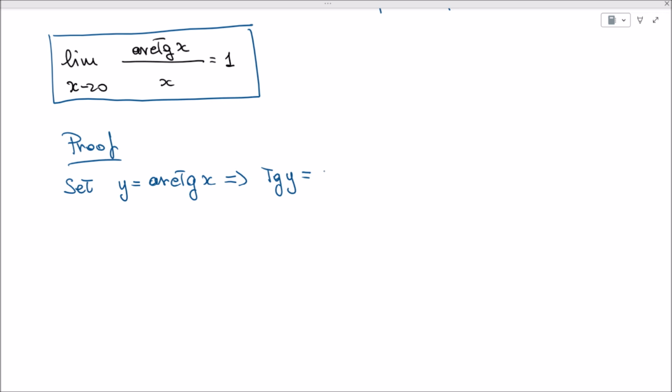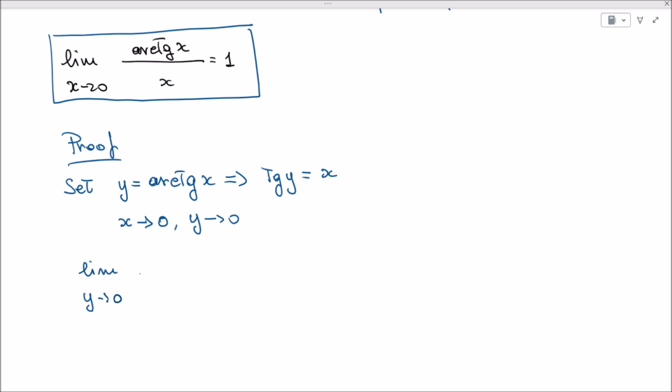Okay, so we have this new equation that x can be replaced with the tangent of y. Not only this, we also know that if x goes to 0, then also the arc tangent, which is y, goes to 0. So we can now rewrite the given limit as y goes to 0.